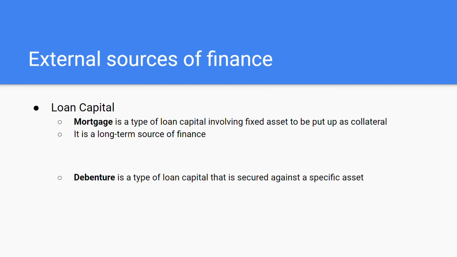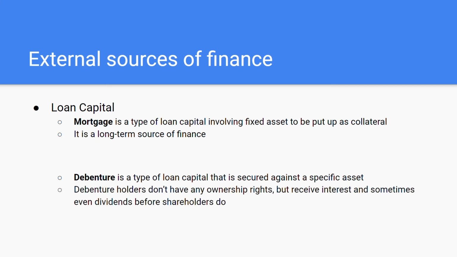The other one is the debenture, and it's a type of loan capital yet again that is secured against a specific asset. And debentures are something that even us individuals can buy from a company. So a company would issue these debentures, and we individuals or institutions would buy up these debentures, meaning that the money goes to the company, and we hold these debentures, and we as holders get some benefits.